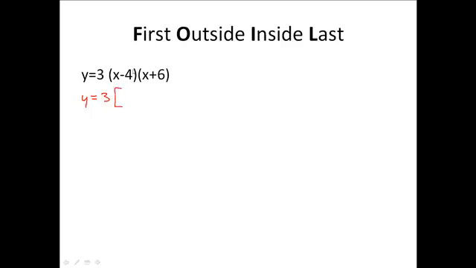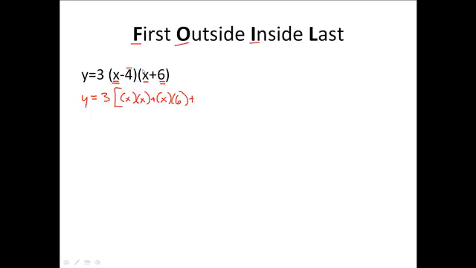And then we're going to deal with these parentheses. We're going to go first, so we're going to take the first terms, x times x, plus the outside terms. Outside would be, well, I guess we'll do a double line here. It would be x and 6, because those are the outside terms. So we have x times 6, plus, now we're going to the inside terms. So maybe I'll put a line on top now.